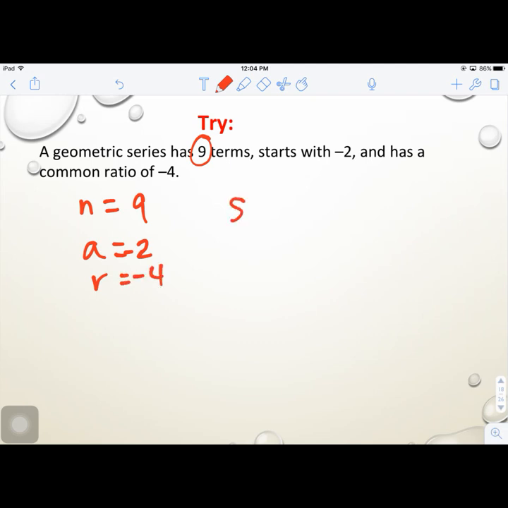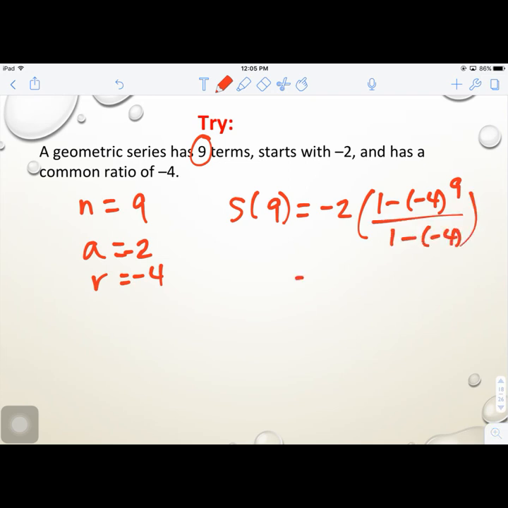So we just straight plug in S of 9 equals the initial value, which is -2, times 1 minus the ratio, -4, to the 9th power over 1 minus negative 4. And simplifying everything, you should be able to show this one step by step. That will be -2 times 1 minus a -262144 over 1 plus 4.